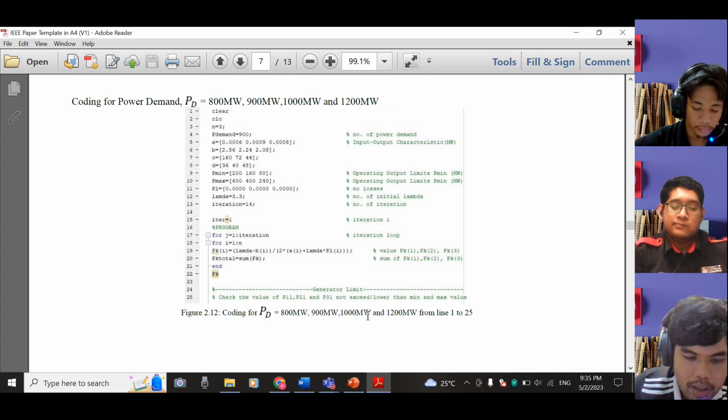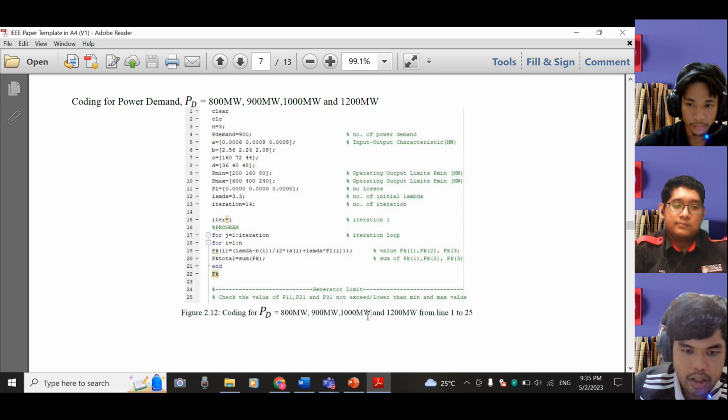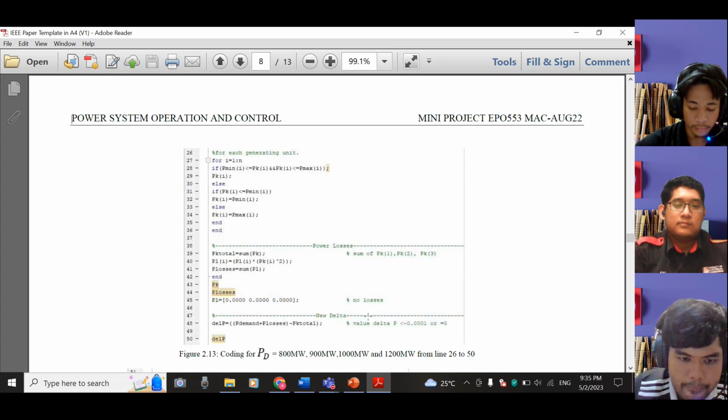Line 20 is the PK total, which is PK1 plus PK2 plus PK3. Next, the coding shows the generator limit. For the generator limit you have three possibilities, as I said just now. Next, the power losses. We don't have power losses, so we have set it to 0.